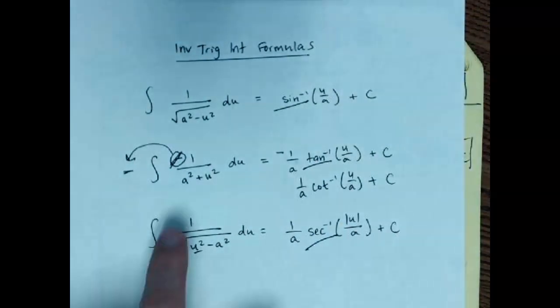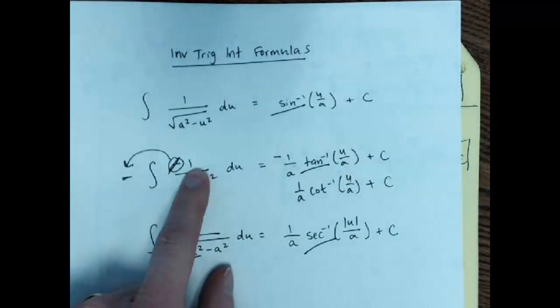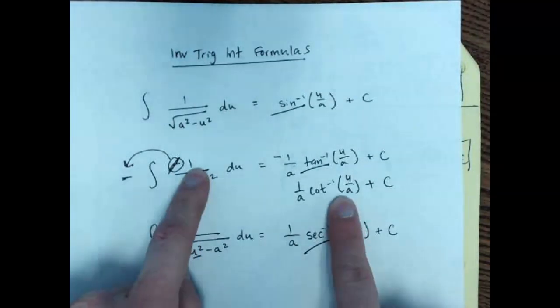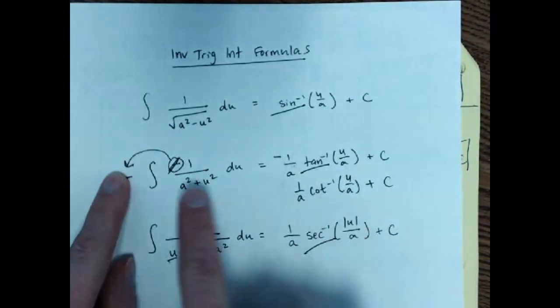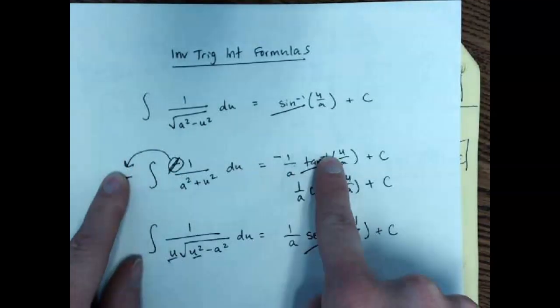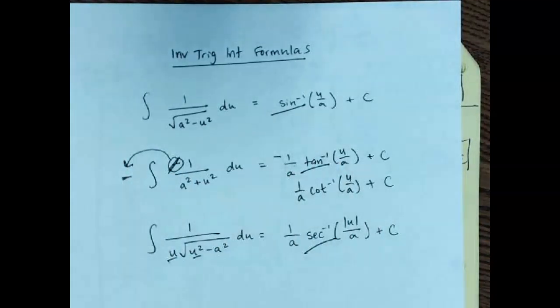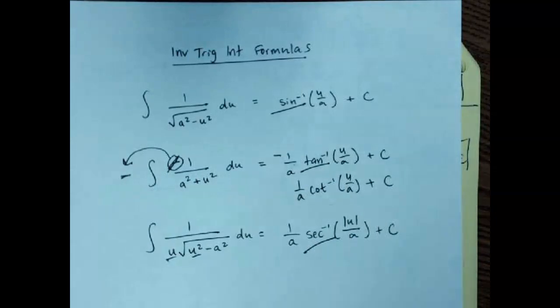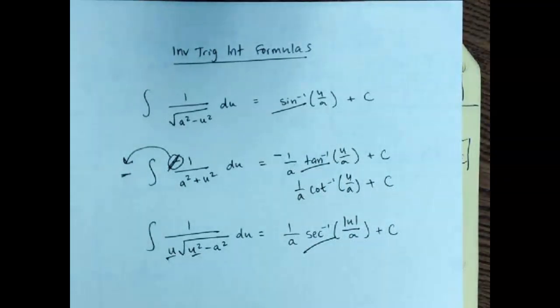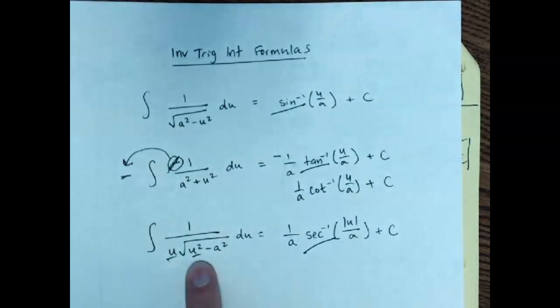While you could integrate a negative into the cotan, it's more proper to take the negative out, work with the positive stuff, and then bring the negative back. So that's just a little note. Tangent inverse, sine inverse, and secant inverse are the only trig functions you should be integrating into. If you start off with the negative, factor it out, work with the positives, and bring that negative back at the end.